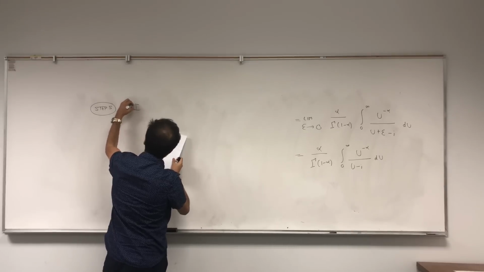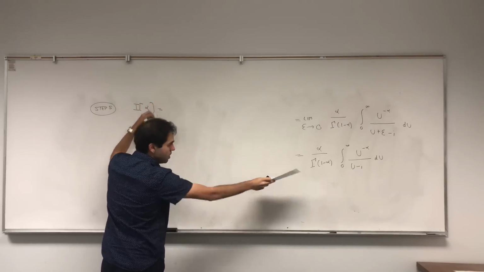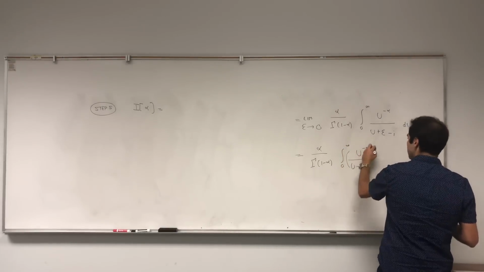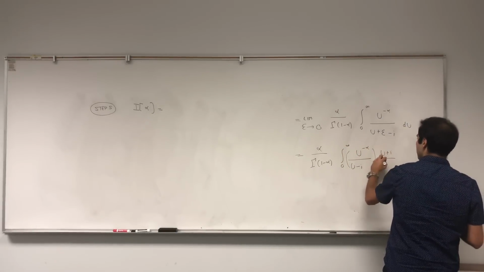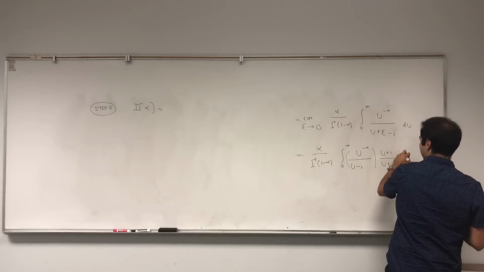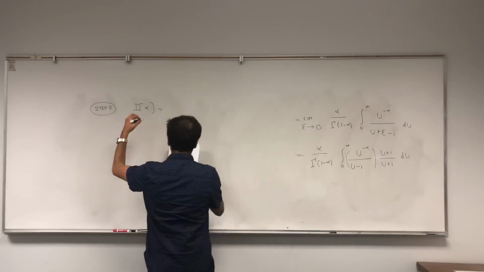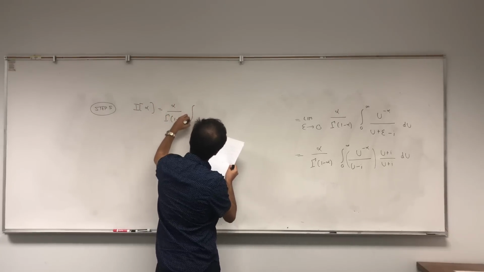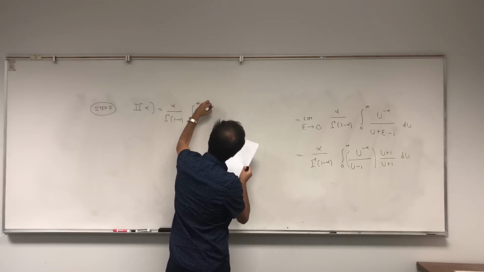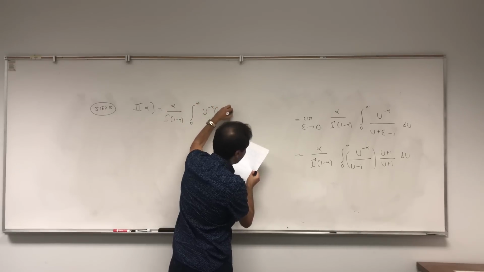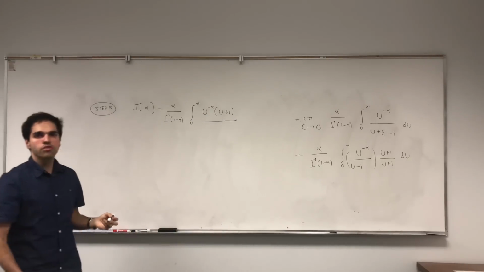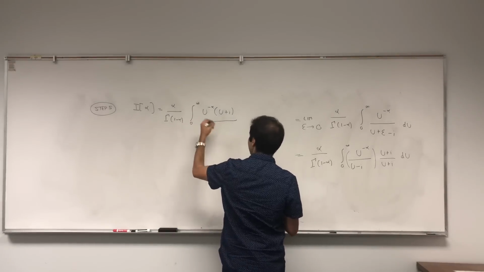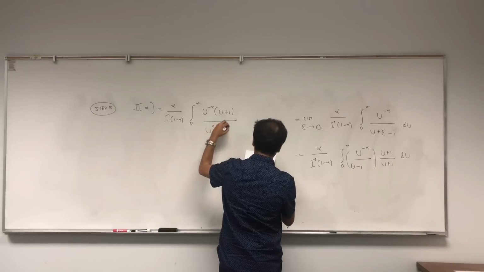What we have, I alpha, is equal to this term, and just to simplify matters, let's multiply by the conjugate, u plus i over u plus i, du. What you're left with is alpha over gamma of 1 minus alpha, integral from 0 to infinity, u to the minus alpha, (u plus i) over (u minus i)(u plus i), and that's u squared plus 1. So minus i squared, which is minus minus 1, which is plus 1.